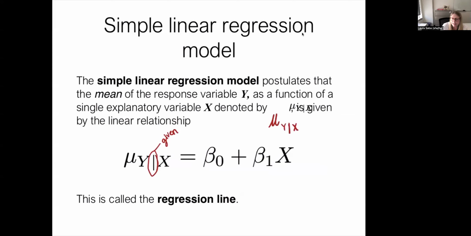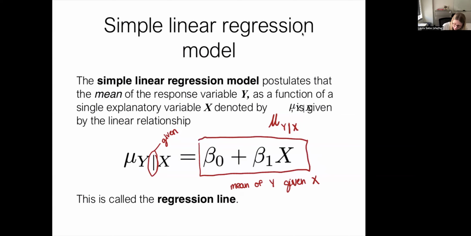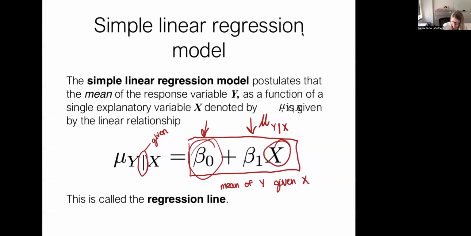So here it's the mean of y given x, meaning that we will predict y based on a particular value of x. Our model here uses two population coefficients, or population parameters, beta naught and beta 1, where beta 1 is related to our predictor variable and beta naught is not. We call this a regression line.